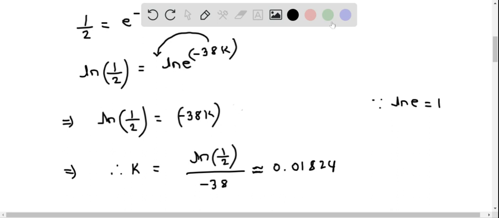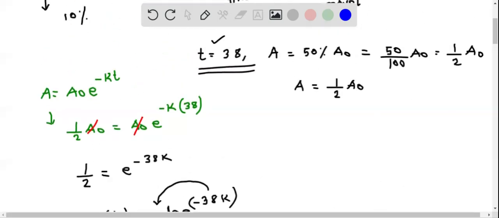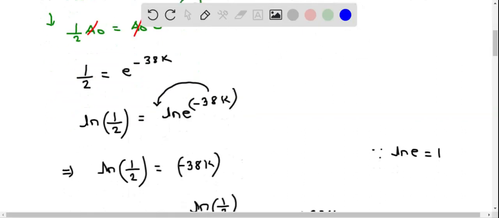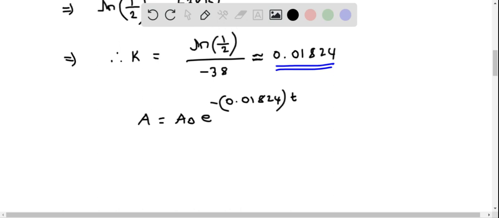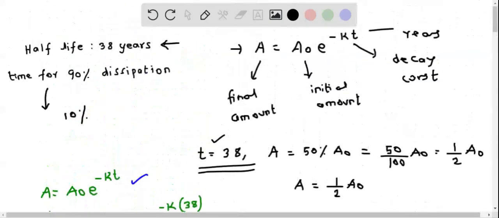So in the first step, we determined the value of k, and this means we can write down the decay model by substituting into this equation. So the decay model becomes A equals A naught e raised to the power of negative 0.01824 times t. Now let's go back to the original question. We want to determine how long it takes for the radioactive substance to remain only 10%.